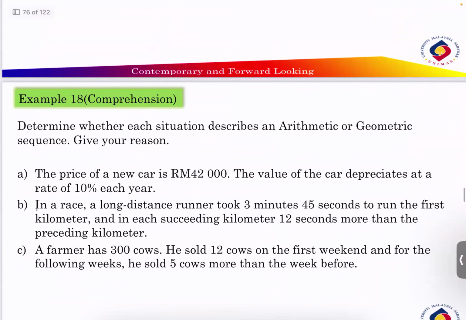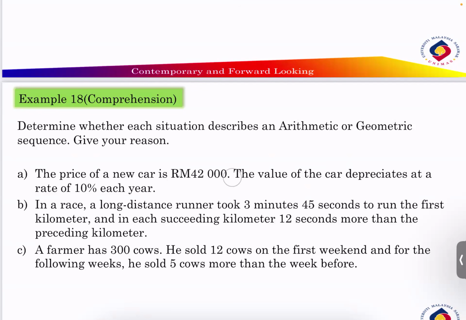So let's see example number 18 here. Determine whether each situation describes an arithmetic or geometric sequence. Give your reason. A, the price of a new car is 42,000 ringgit Malaysia. The value of the car depreciates at a rate of 10% each year. Okay, so look into this question.